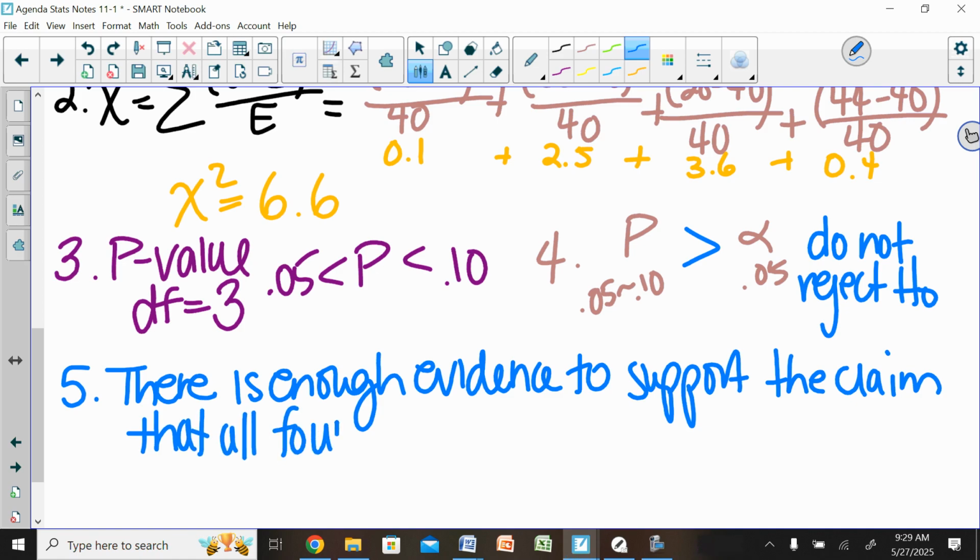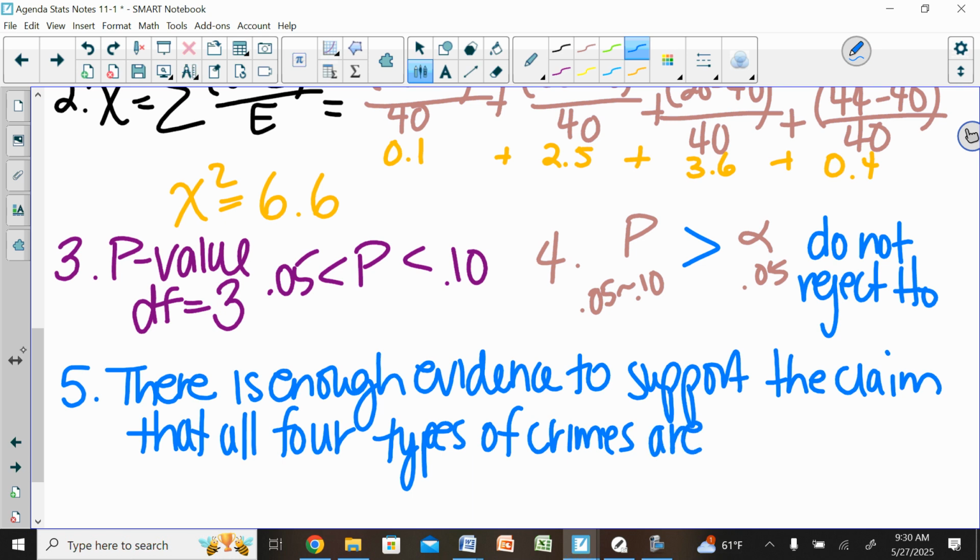This is the tricky part, to put it into words that make sense. Don't get too stressed about this. If I can see where you're going with it, I'm not going to get super technical, but knowing what we're looking at for our H sub 1 and our H sub O.